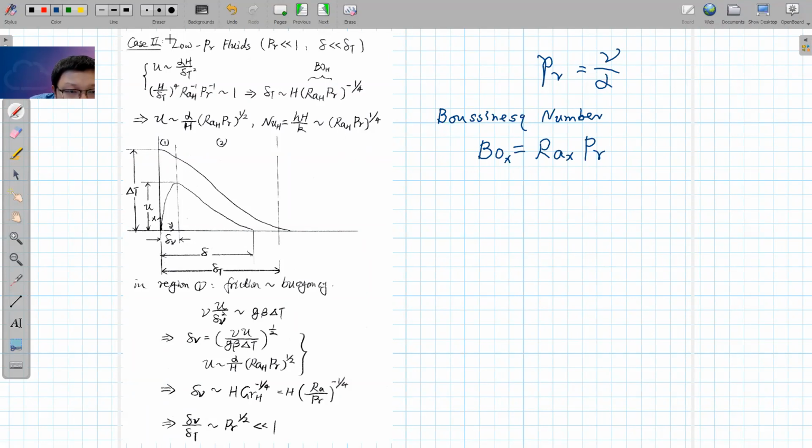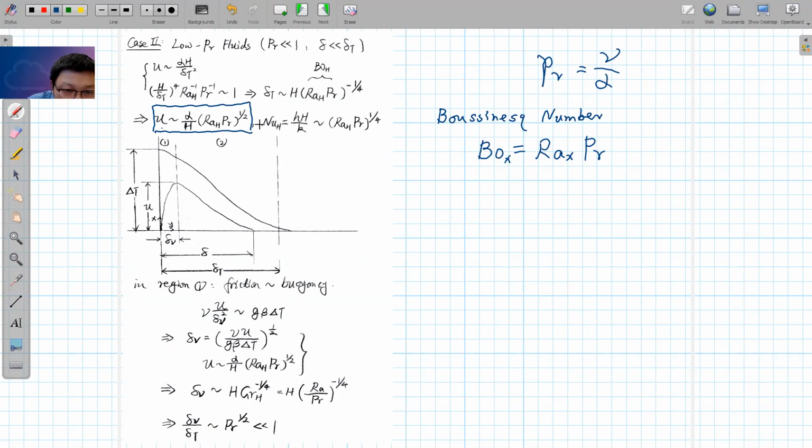And you bring this delta t result for low Prandtl number fluids into the u result. You can find the maximum u value in this boundary layer, the magnitude of the induced velocity in this boundary layer.